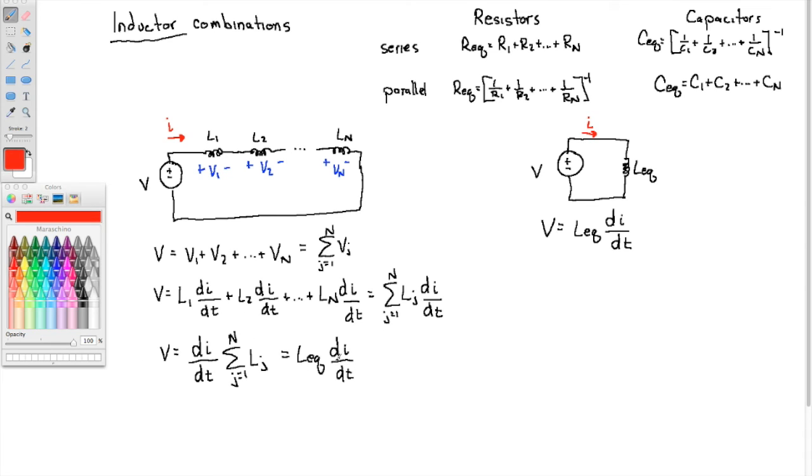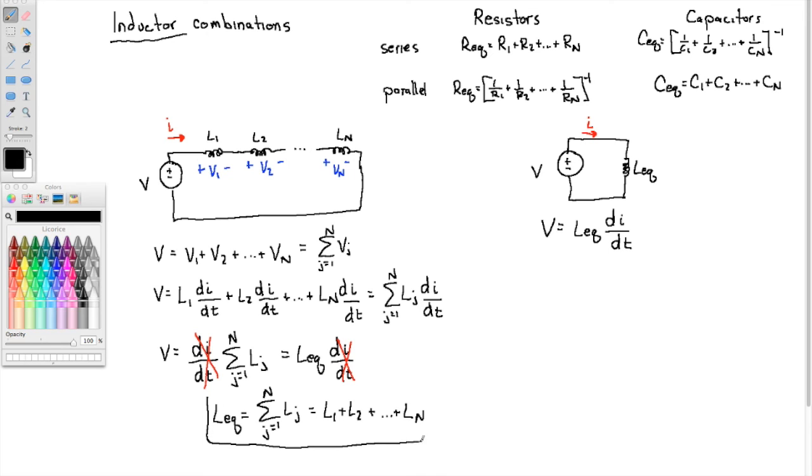Right? And so both sides of this equation have di/dt, so that drops out. And we see that the equivalent inductance is just a sum of all of the individual inductors. That is L1 plus L2 plus all the way to Ln. And again, this was for series inductors.